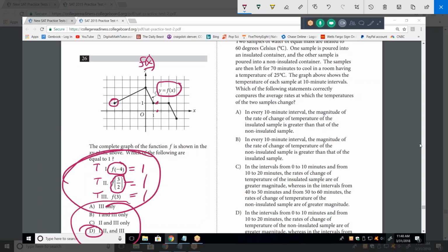Yeah. But it does require you to understand f of x notation and how to read a graph where x is your horizontal scale and f of x is your vertical scale. Same exact thing as x and y. They're telling you that when they tell you y equals f of x. It's just f of x is a little better kind of notation because you can do stuff like that.